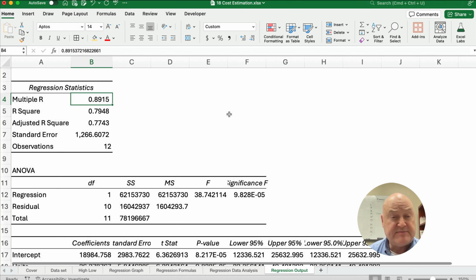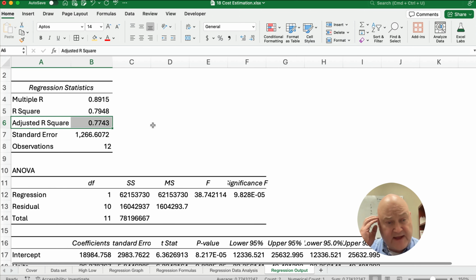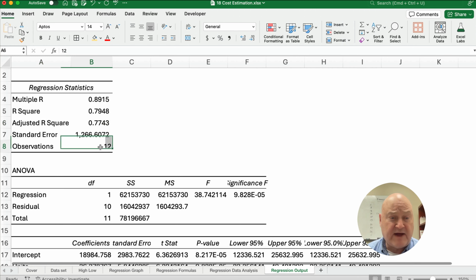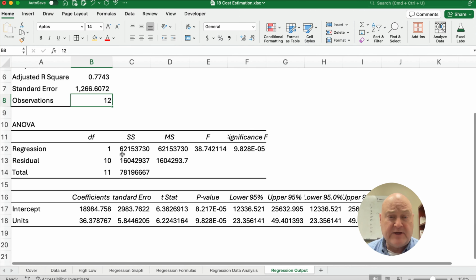Our R squared is 0.7948. We've had that before, but one thing we calculate now is the adjusted R squared, which is a more conservative estimate of R squared. So if we had that, we would use that. We've got 12 observations, and we can see that the significance of the line is very high. It has a very low number here.